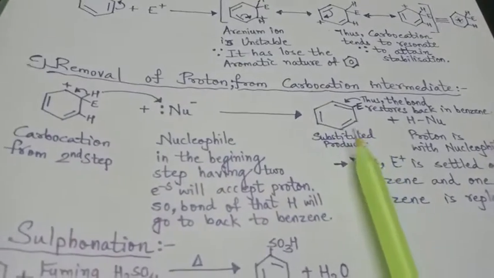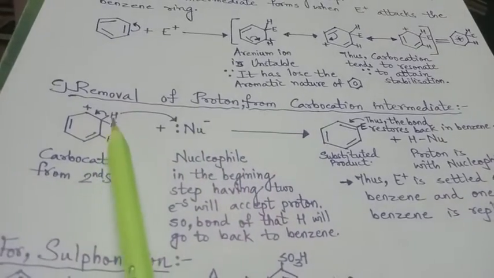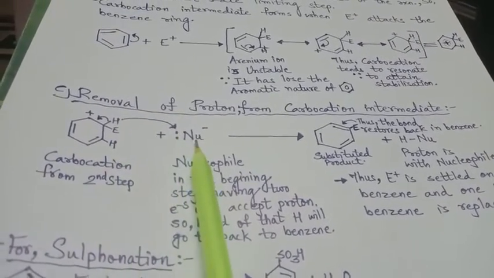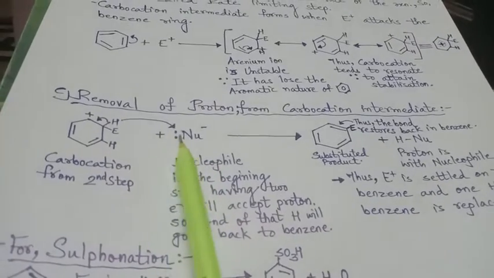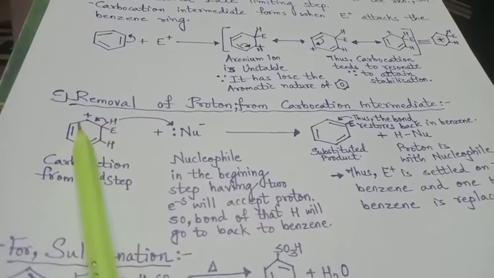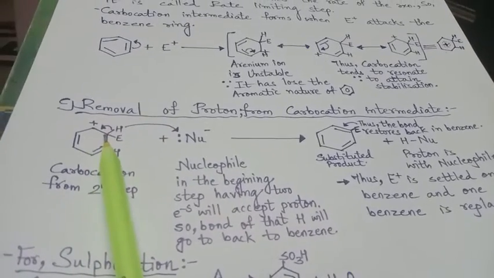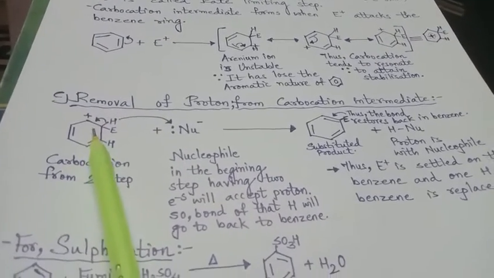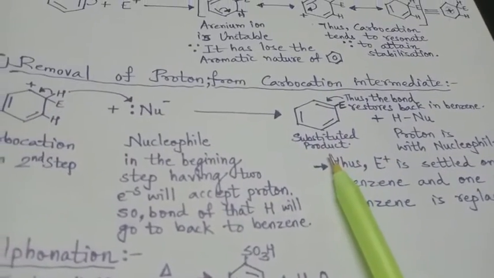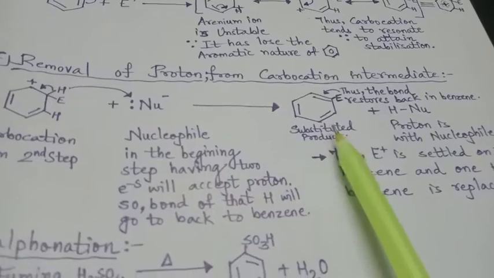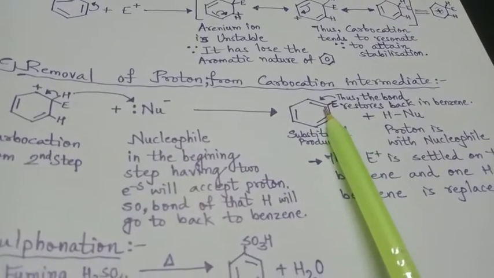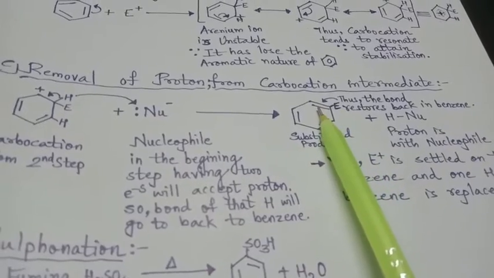We can see here, this hydrogen, that is the proton, will be accepted by the nucleophile because it has 2 electrons, and as soon as this goes here, the bond will take place back over here. So we can say that benzene is restoring, right? And this is the substituted product. Substituted because the electrophile is substituted on the benzene, and the bond is restored back.